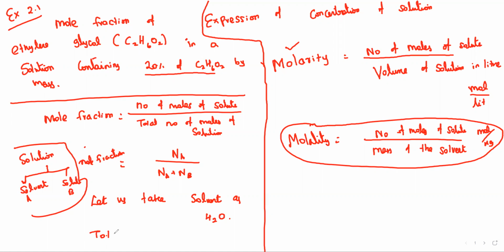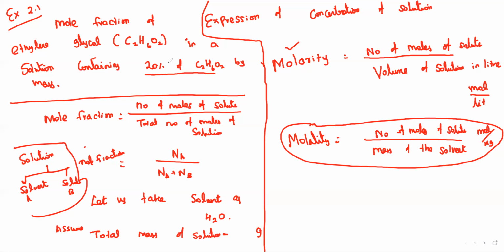So the total mass of solution, we also have to assume. That assumption is valid only because they are asking us to find the ratio of number of moles, so whatever we take will be correct. The total mass of solution we should take in grams because they give 20% by mass.